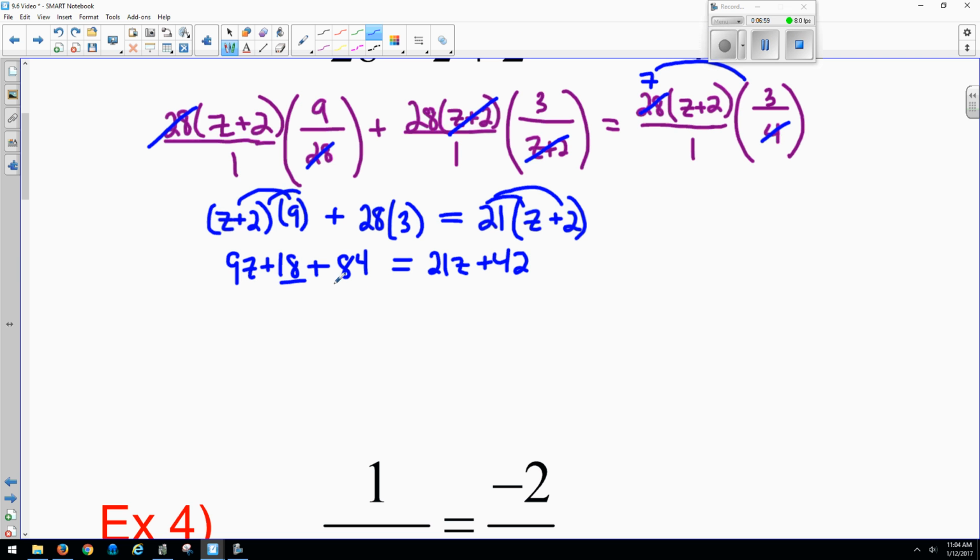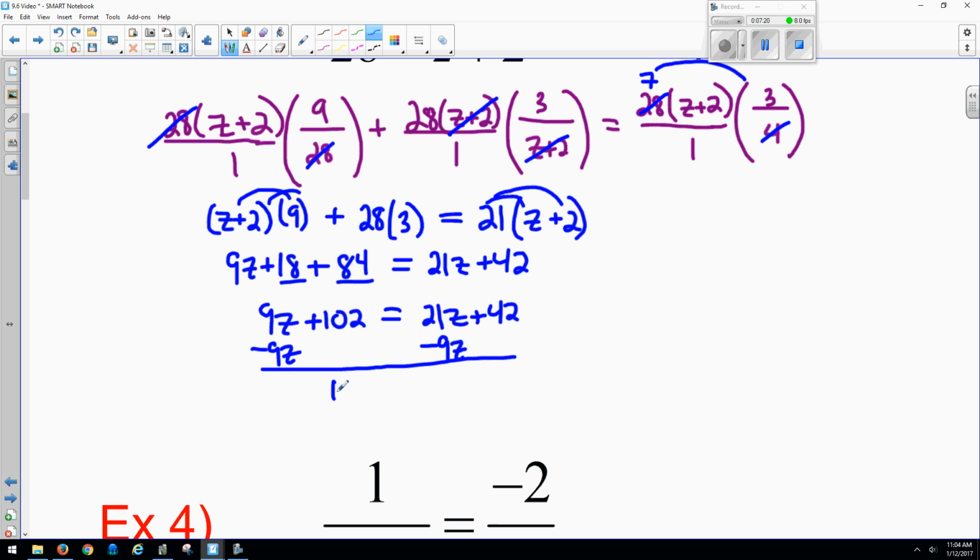I'm going to combine like terms. Let's see, what does that give me? 102. And solve for z. I guess the hardest part of these types of problems is just coming up with the least common denominator. After we practice a little bit, hopefully this isn't too bad.